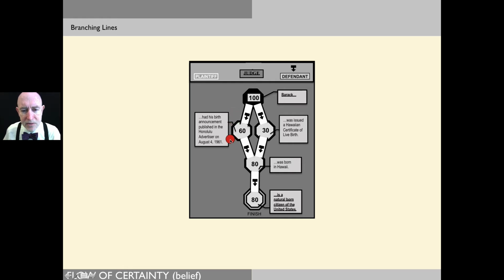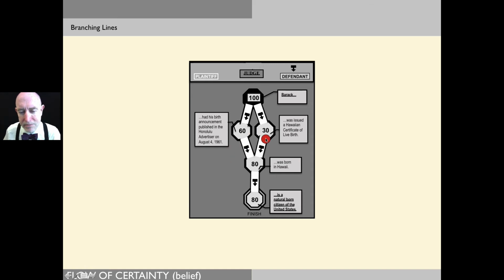And then the next premise right here is one who had his birth announcement published in the Honolulu Advertiser on August 4th, 1961, was born in Hawaii. So while this only had a 30% amount of certainty, this one might have had 60.